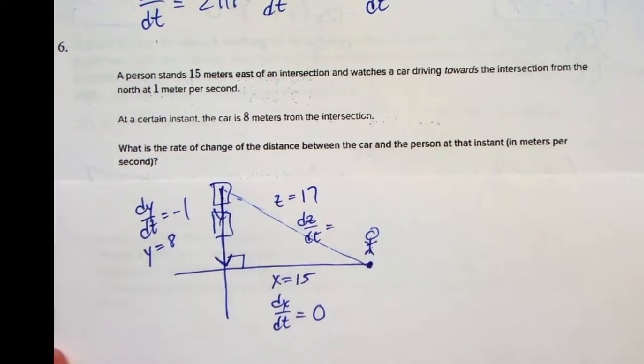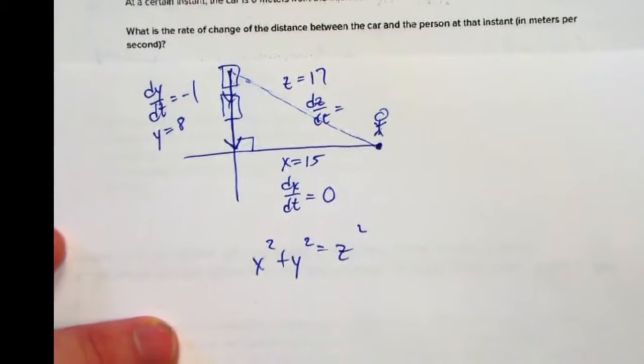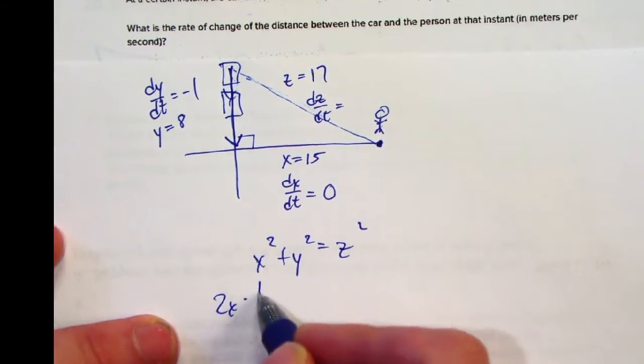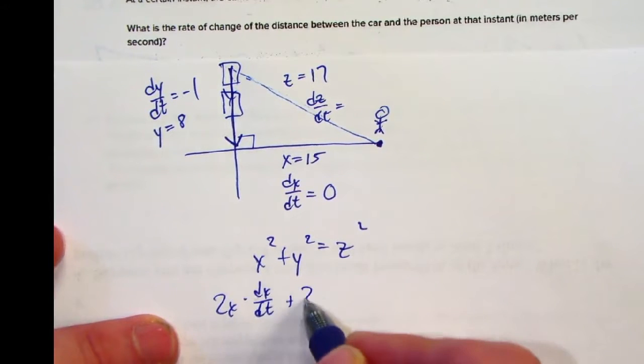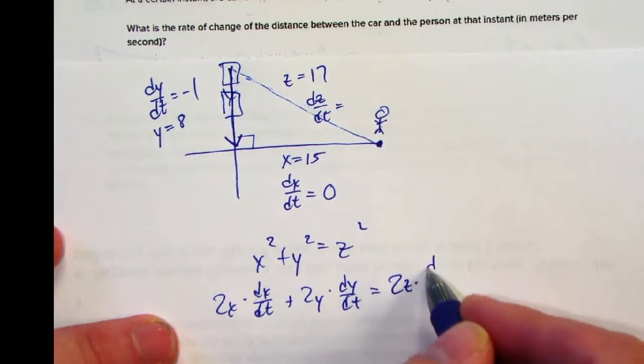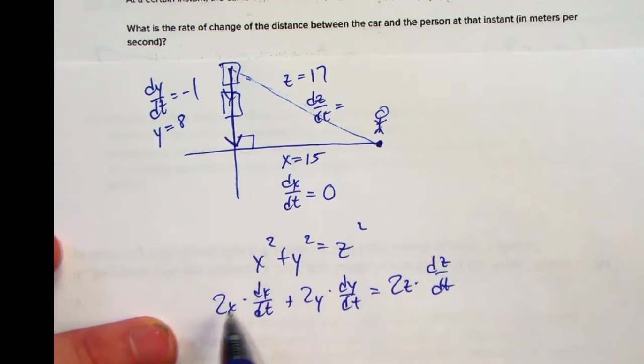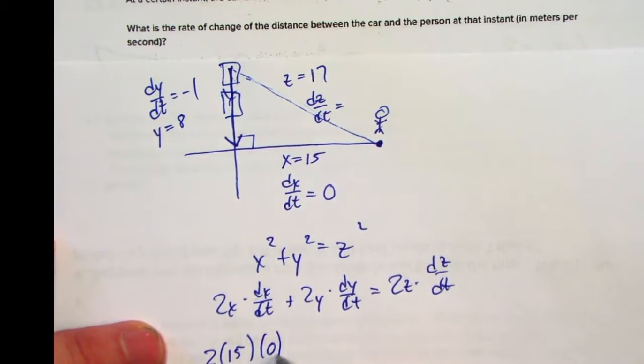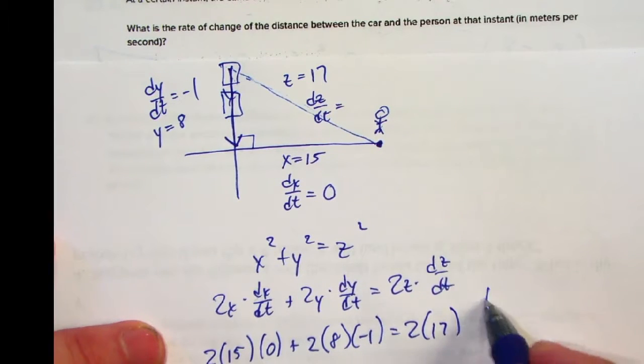So z is 17. And then if I go x squared plus y squared equals z squared, 2x times dx dt plus 2y times dy dt equals 2z times dz dt. So x is 15, dx dt is 0, y is 8, dy dt is -1, z is 17, and I'm looking for dz over dt.